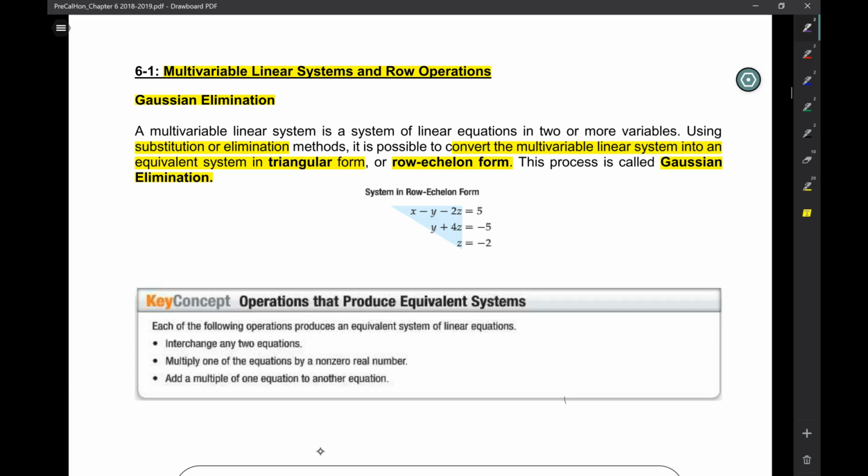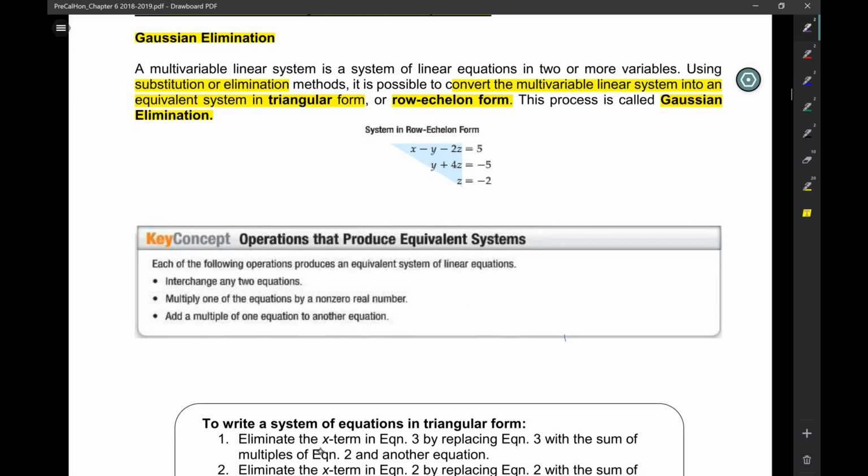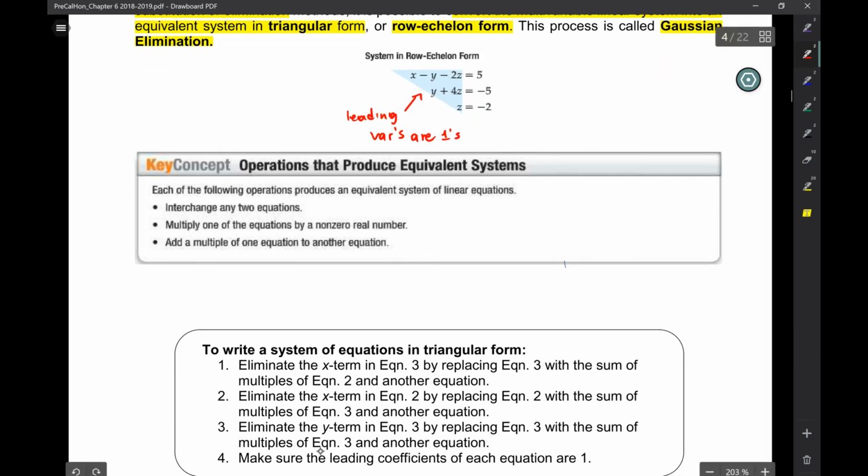I will keep stressing this over and over. I also want to emphasize that the leading variables, once you have it in this form, are all 1.